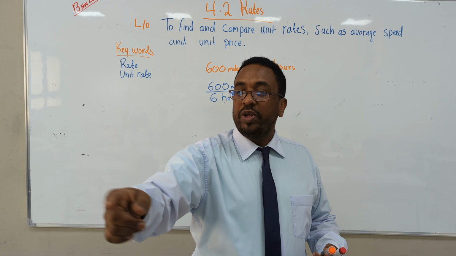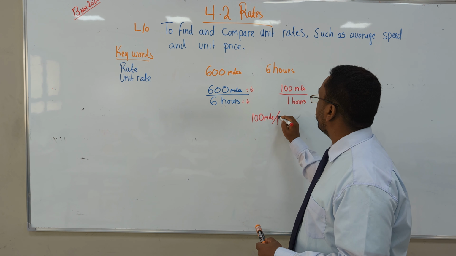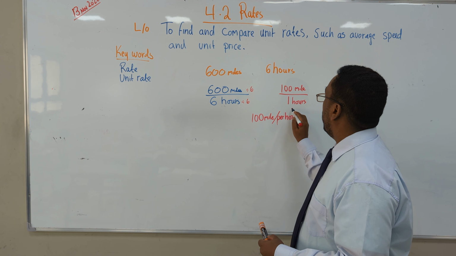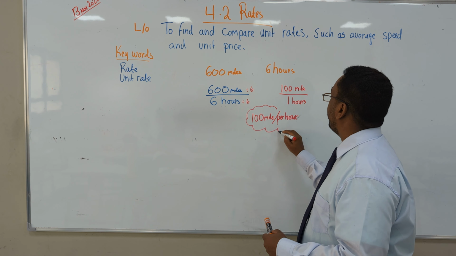Our answer is that the family has to be driving 100 miles per hour. This is how we write the unit rate: 100 miles per hour. This is the average speed the family needs.